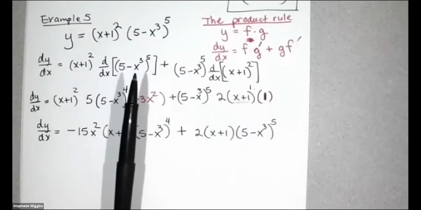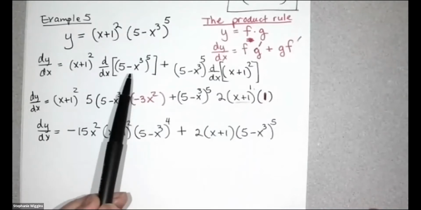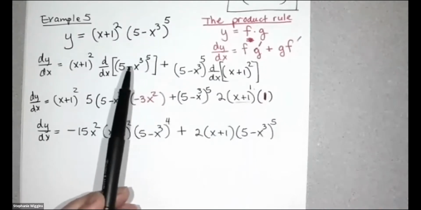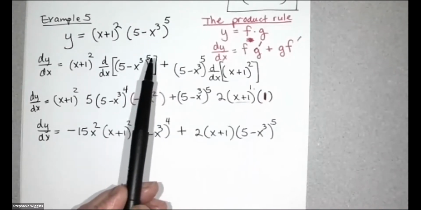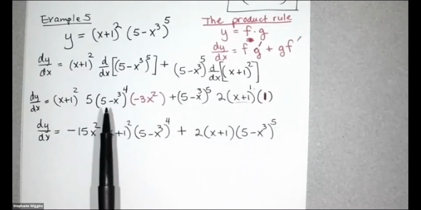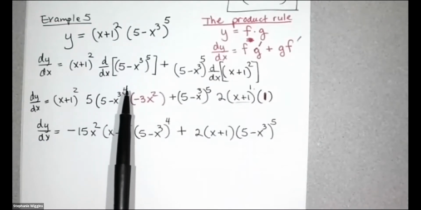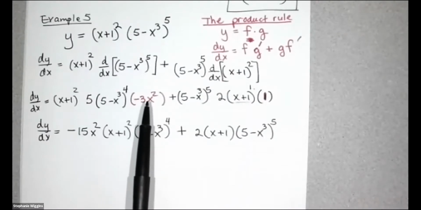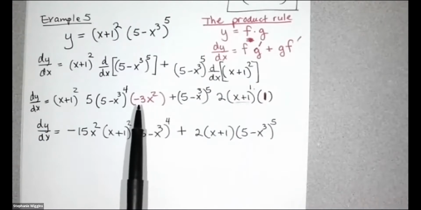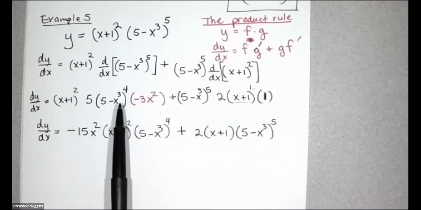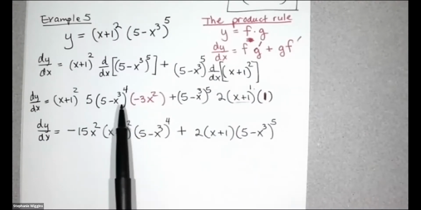Now taking the derivative of these pieces right here, I have to use the extended power rule. So I take the power out front, 5, and then reduce the power by 1. So it becomes 5 minus x cubed to the 4th. And then by the chain rule or the extended power rule, I have to multiply by the derivative of the inside.